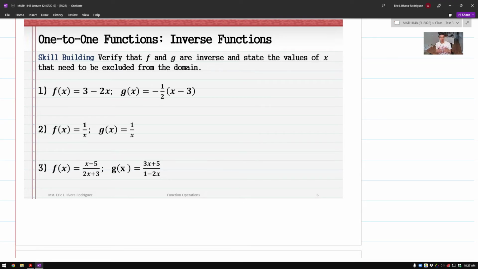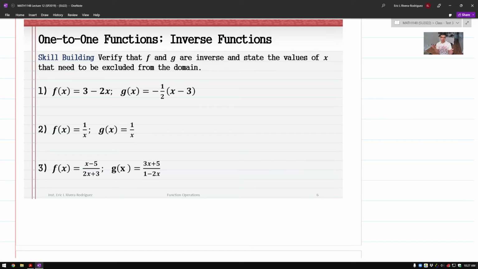You need to practice, work with the two conditions, and see whichever exercise meets the two conditions, then it's guaranteed that the functions are inverse to each other.